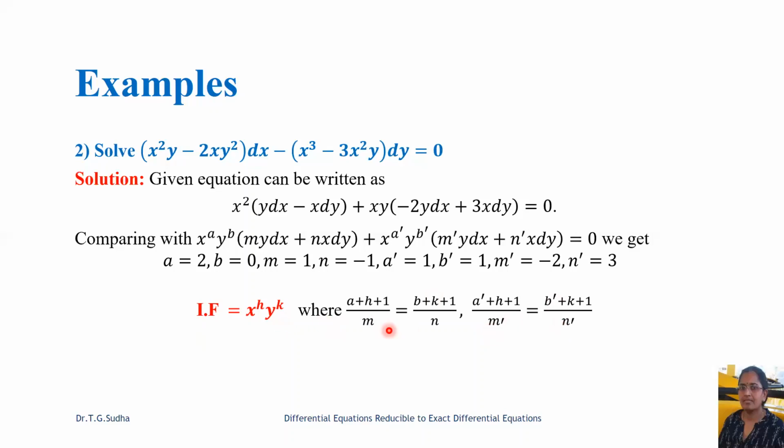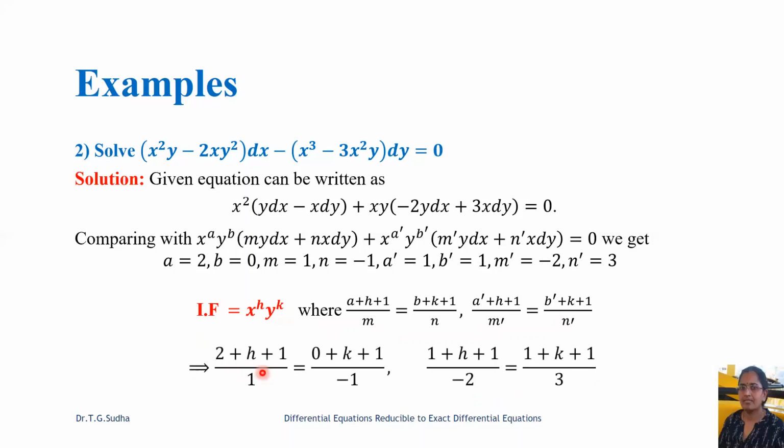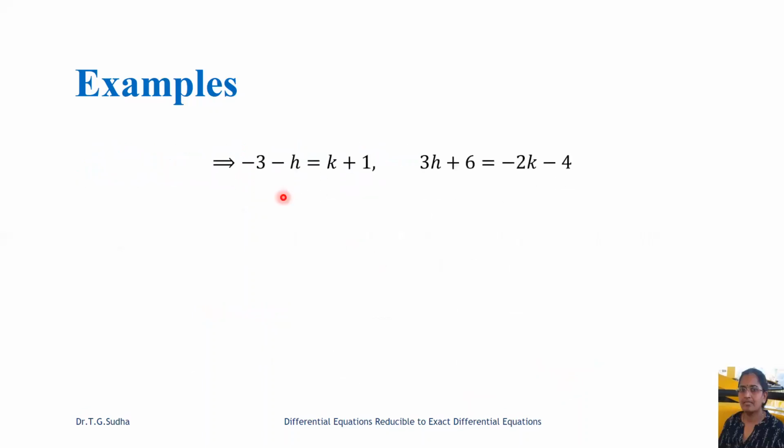Now let us substitute for a, b, m, n, a dash, b dash, m dash and n dash to get (2 plus h plus 1) divided by 1 equal to (0 plus k plus 1) divided by minus 1. And (1 plus h plus 1) divided by minus 2 is equal to (1 plus k plus 1) divided by 3. And this on simplification gives us minus 3 minus h is equal to k plus 1, and 3h plus 6 is equal to minus 2k minus 4.